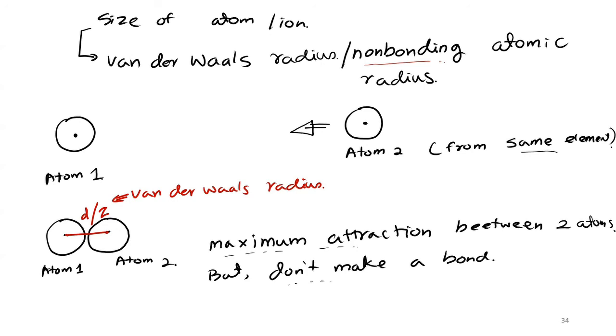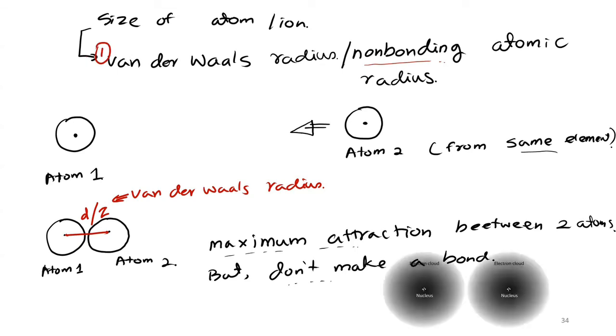And there is another way to measure the size of the atom. The first way is the van der Waals radius. The second way is what we call the covalent radius. Now here you can see the two atoms have been brought close enough that they are going to have maximum attraction, but there is no actual bond formation.